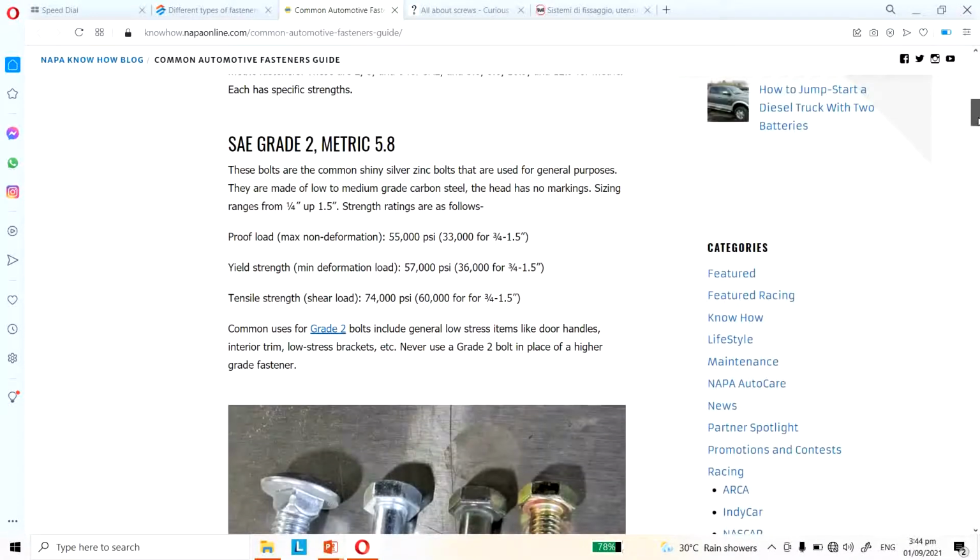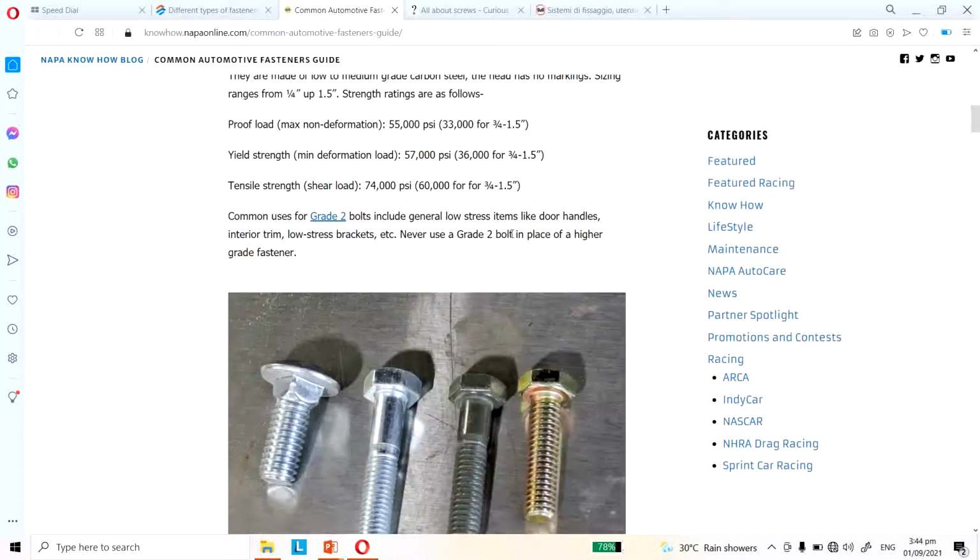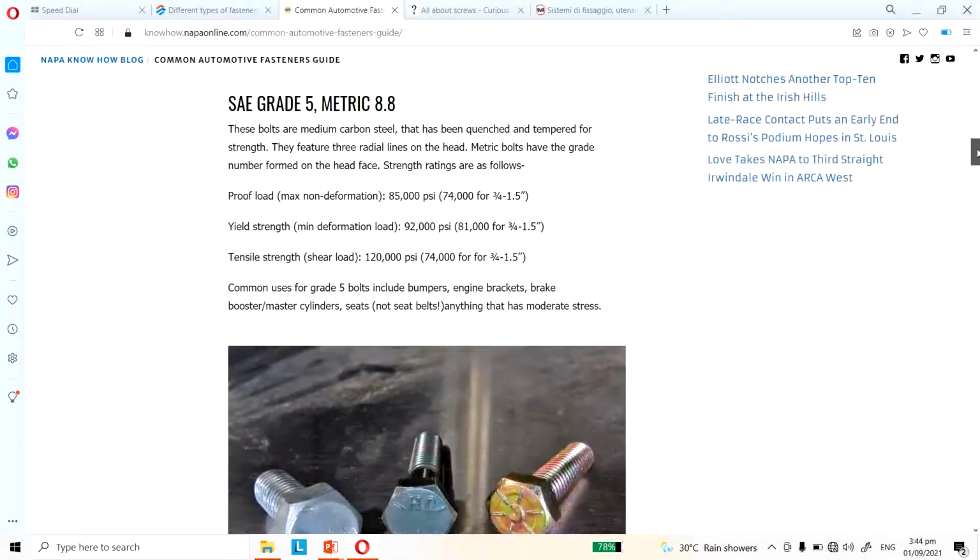If you have a lower grade, then the typical application is for, let's say, door handles of automotives, low stress brackets, and things like that. But if you have a higher grade, let's say metric 8.8, or SAE grade 5, then that's used for bumpers, engine brackets, and things like that, right?